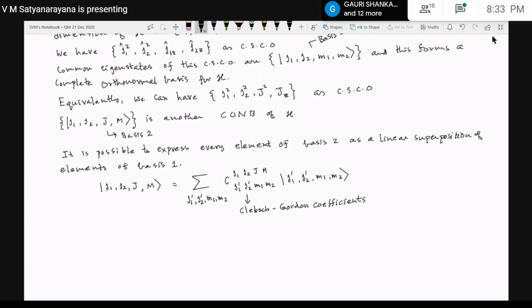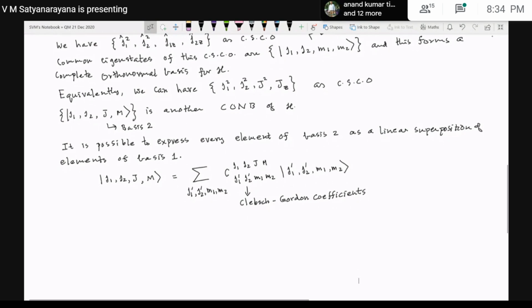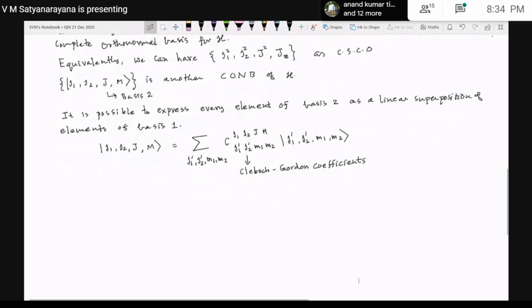Once you find these coefficients, you will be able to go back and forth from basis 1 to basis 2. Finding these coefficients is one of the very important exercises in quantum mechanics, and also in various applications such as particle physics or nuclear physics. These coefficients are very important in many applications.